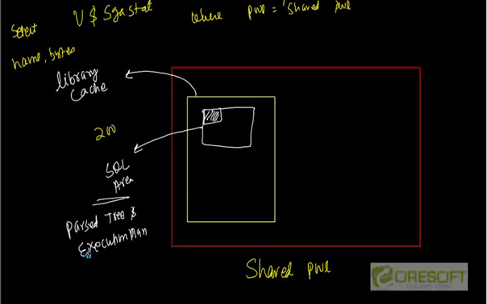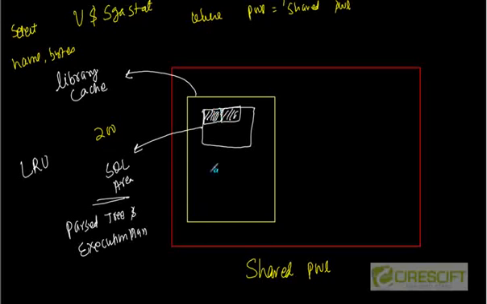Then let's say I do select star from dept, it's going to take some memory like this, and so on. Eventually this area is going to be filled. If this area is filled, then the LRU algorithm is used to release whatever was old, and whatever is new is going to be there inside the SQL area of your library cache.